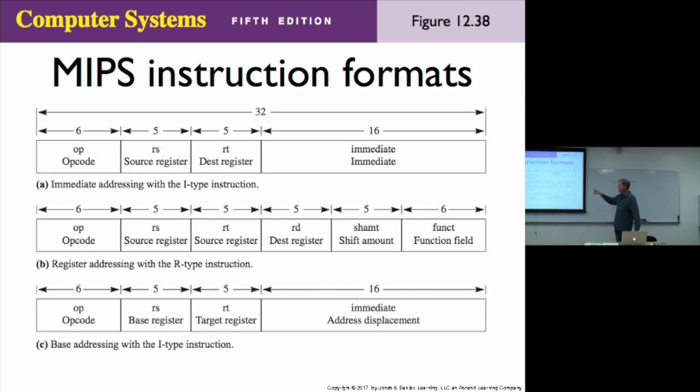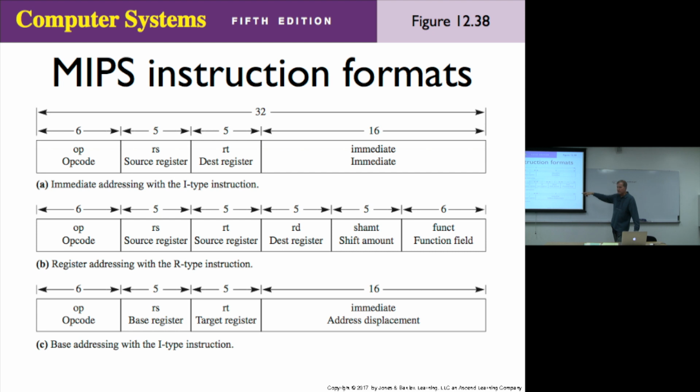In part A of figure 12.38 shows the fields for immediate addressing with the I-type instruction. You see how many bits are in the immediate field there. Just reading off the figure, 16. And then the destination field is 5, the source register field is 5 bits, and the opcode is 6 bits.